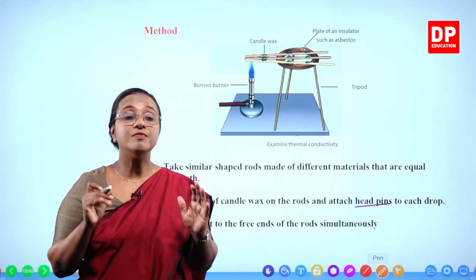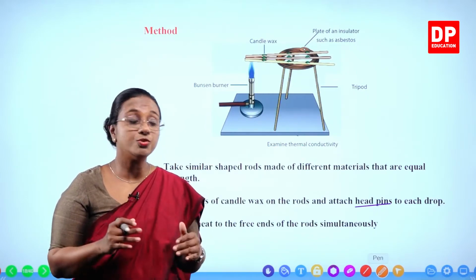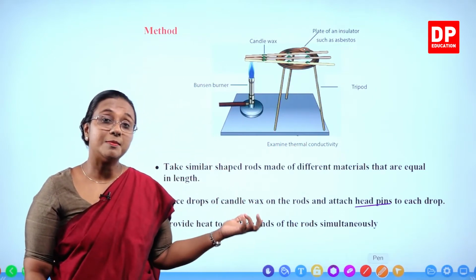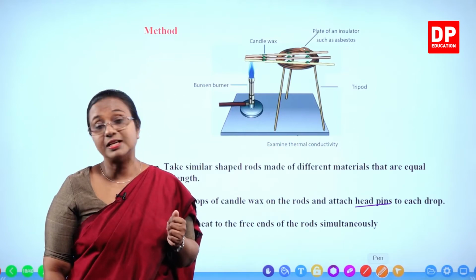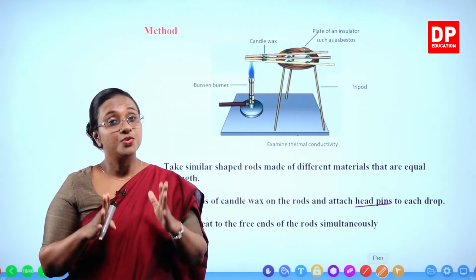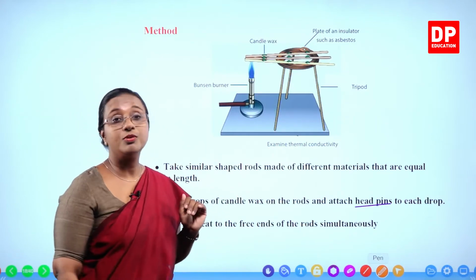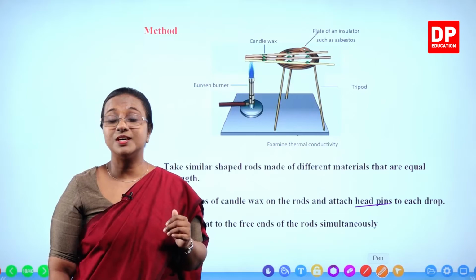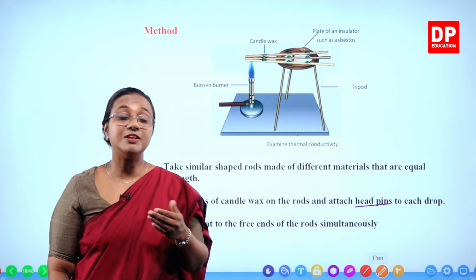So that is a very good observation to show that the heat is being conducted, or the particular matter shows thermal conductivity. Is that clear to you all, students? So with that, I will go to the lab and do this simple activity where you all can observe thermal conductivity of different elements.